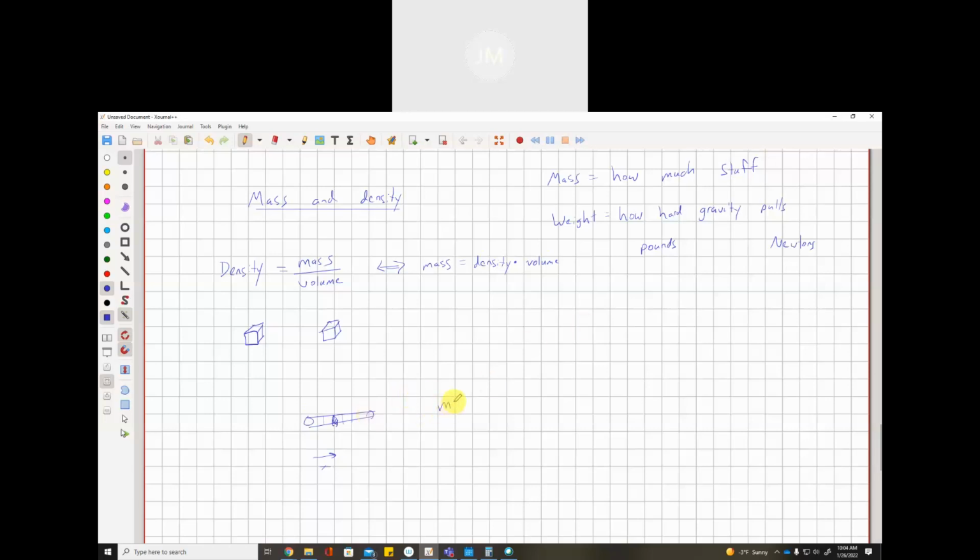So the mass is going to be, let's say the density is some function, we'll say rho of x.